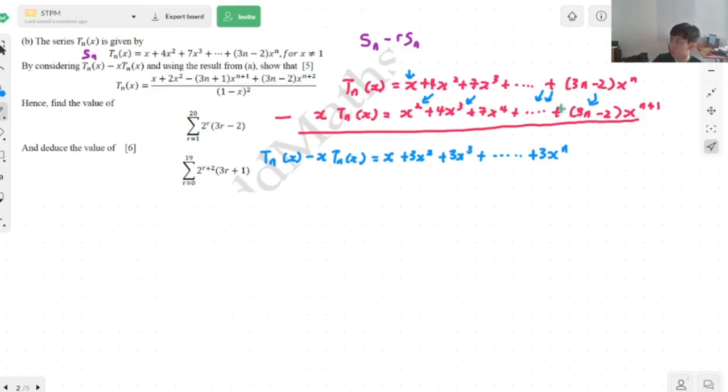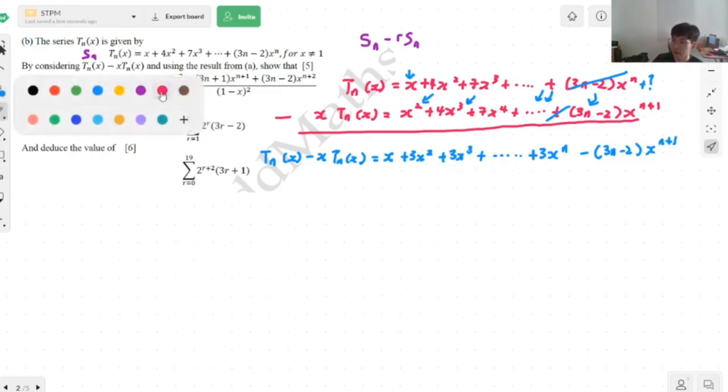When you minus the previous one, you still get this one, you minus, still cut away, until the last one you minus, because there's nothing here, you minus this last one. So I write minus (3n minus 2)x^(n+1). This 3x power n is because when I keep on minus, it's 3x, 3x, 3x, 3x, and the thing that is different is just the r.